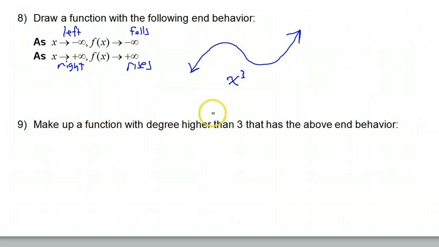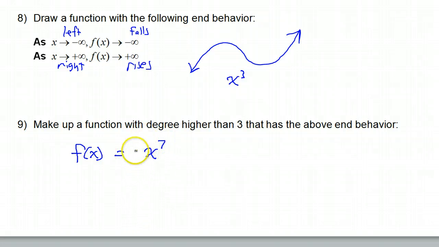So if it's going to have the same end behavior, it's going to have to be odd like a cubic, but higher than degree 3 because that's what it says. So we could do x to the 5th power or x to the 7th power, anything odd. I think I'll go with x to the 7th power. So f of x, and I'm going to put an x to the 7th power in here.